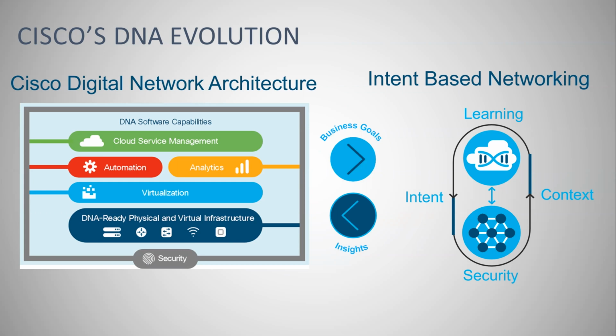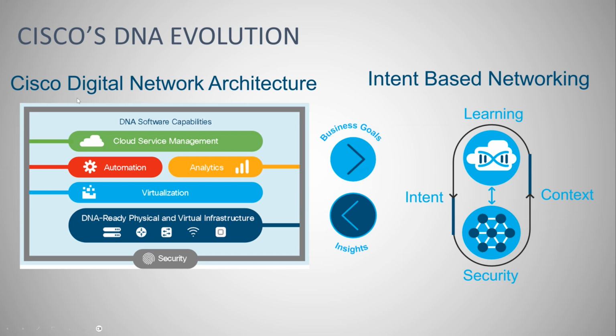Certain result, right? So we can say that we have business-intent-based networking, because with DNA we are serving some business models. You can see clearly in the diagram that the business has a goal, and then we try to achieve that goal with the help of DNA and DNA services.